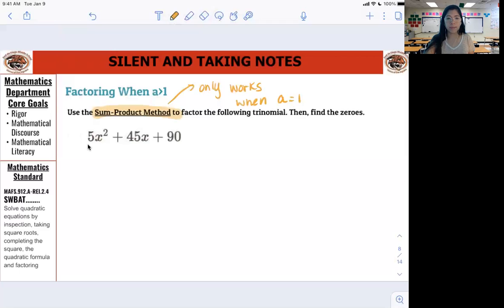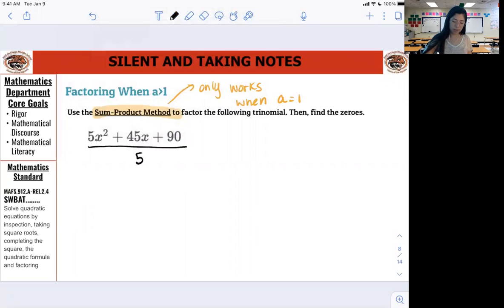So I take a look, okay, my leading coefficient, A equals 5. Then I look, 45, is that divisible by 5? Can I do 45 divided by 5? Yeah. How about 90? 90 divided by 5? Yes. So if you can divide by the leading coefficient, that's exactly what you're going to do. You're just going to divide everything by 5.